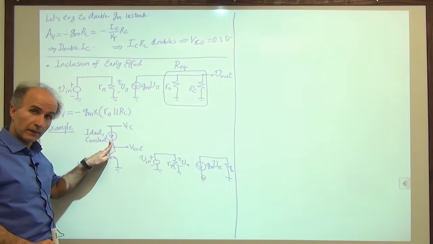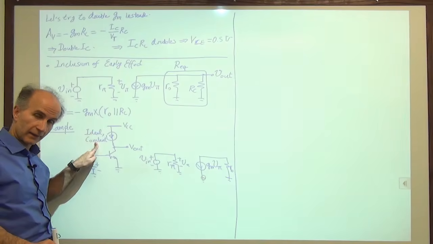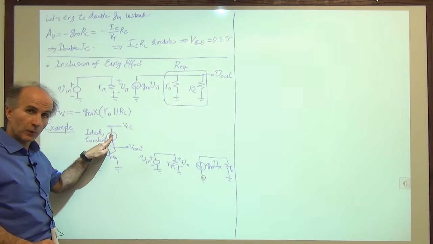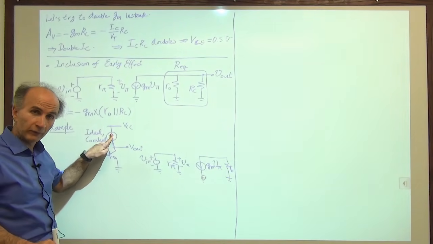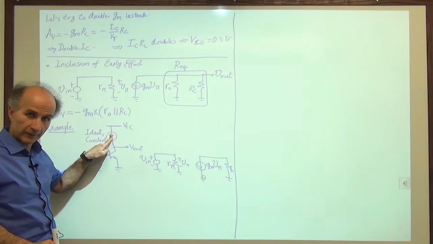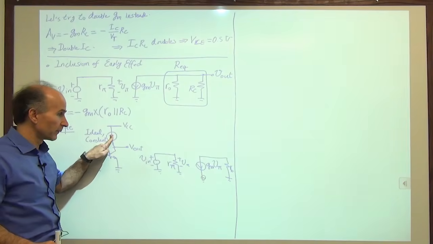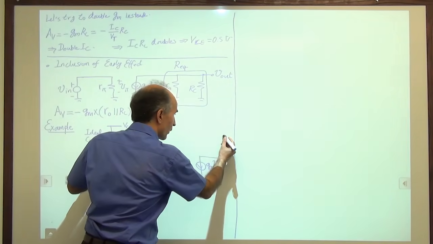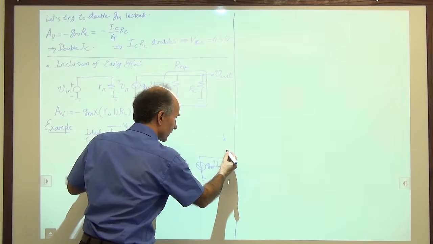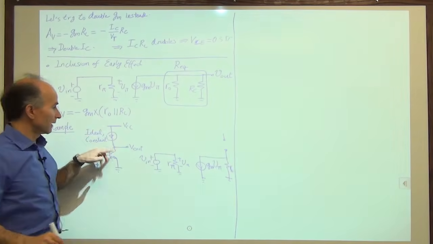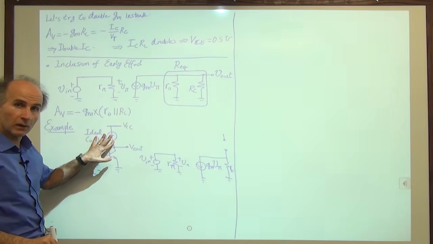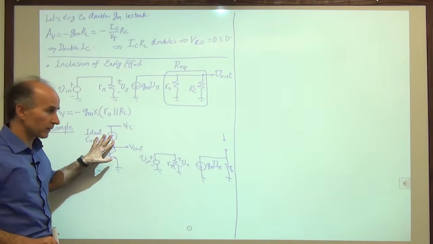A current source, an ideal current source, which is constant and doesn't change with time, when we want to replace it with 0, we have to replace it with an open circuit. Open circuit meaning incapable of carrying any current. So there will be an open circuit here as the small signal model of a constant current source.